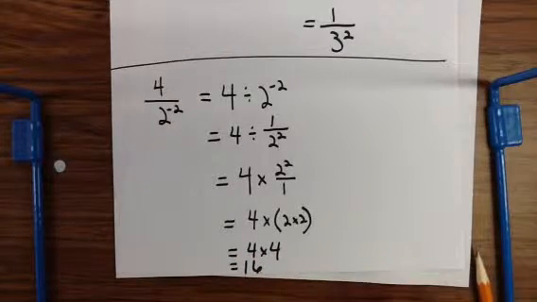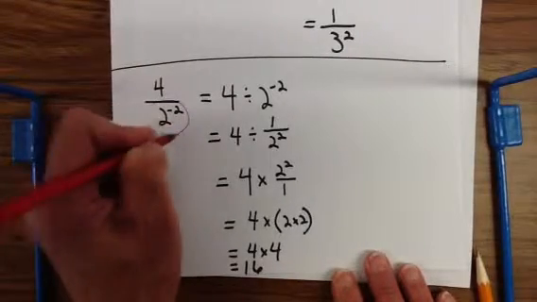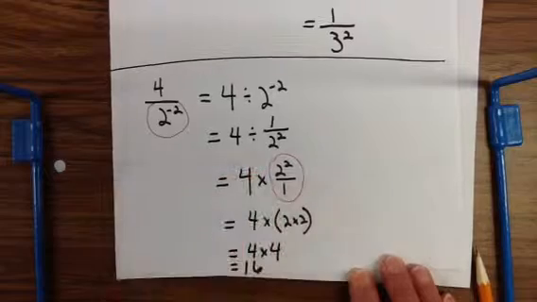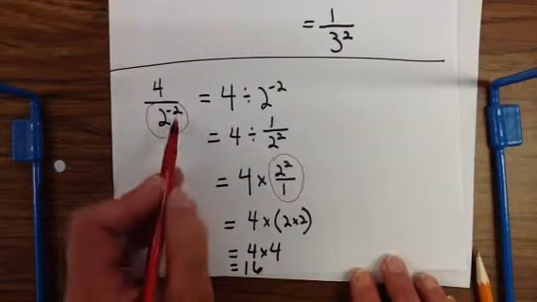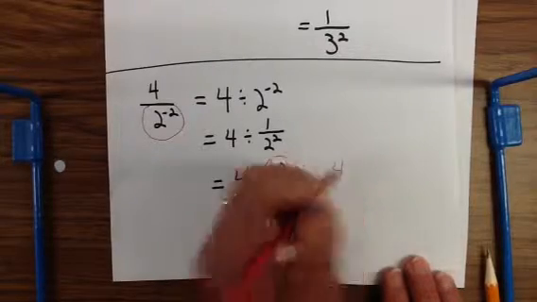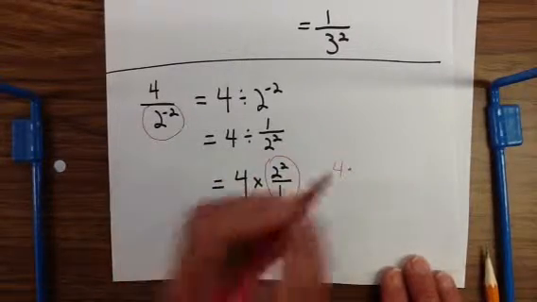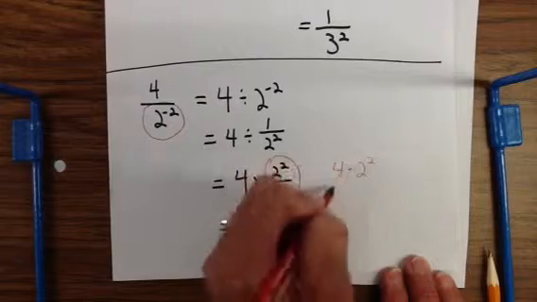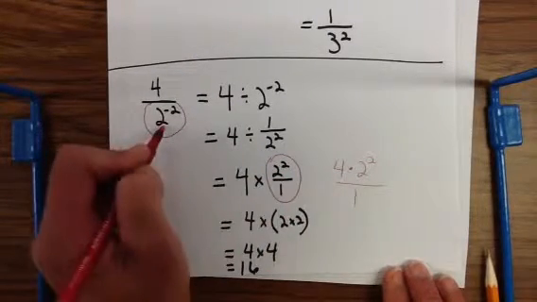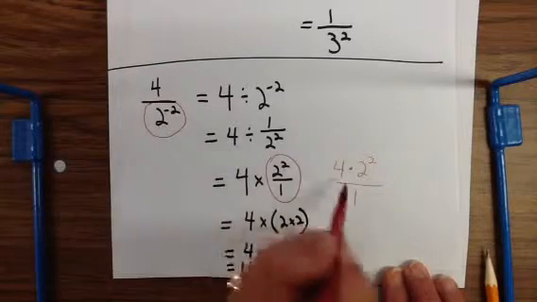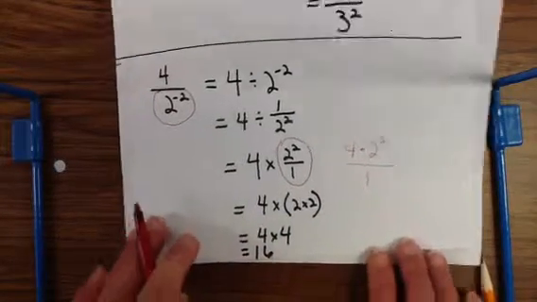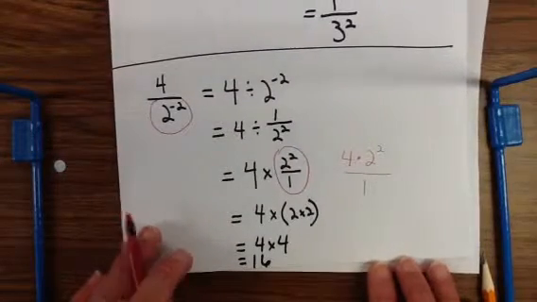So all that to say, if you have a negative exponent down here, you can change this to 4 times 2 squared over 1. So this can become this.